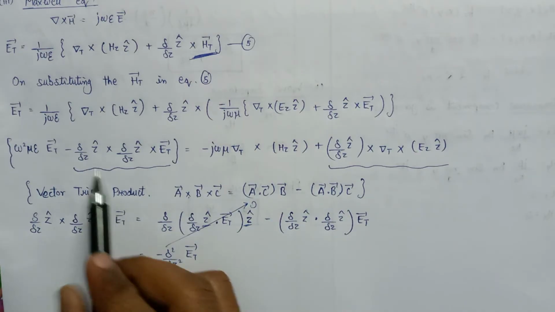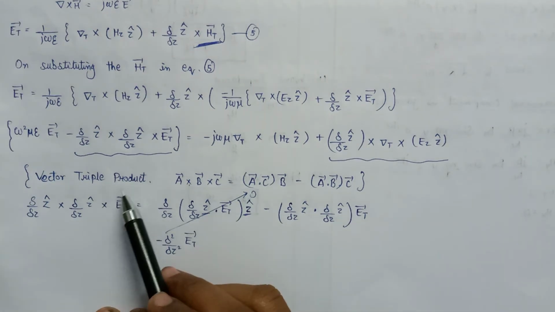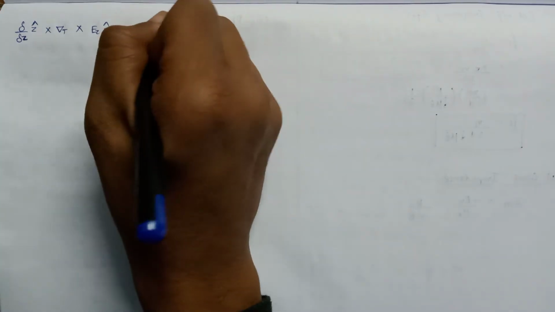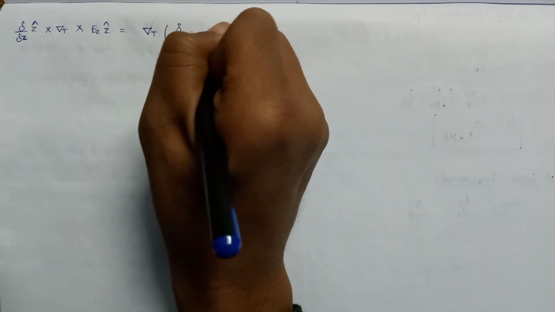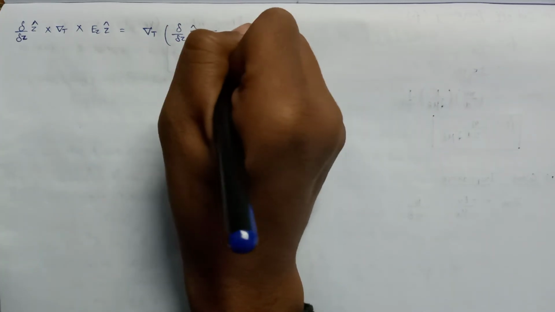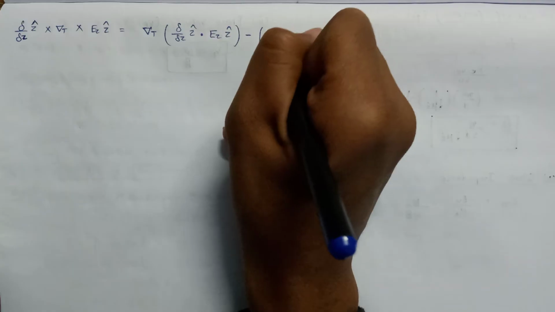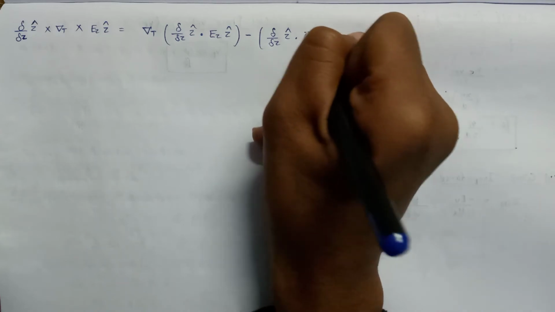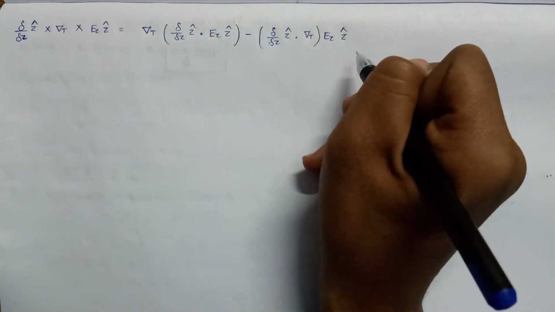So this is the result of this cross product. Similarly, by the vector triple product identity, we will solve this expression also. By the vector triple product, we can write it as del t multiplied with del over del z of z cap multiplied with Ez z cap, minus del over del z of z cap dot product with del t Ez z cap.